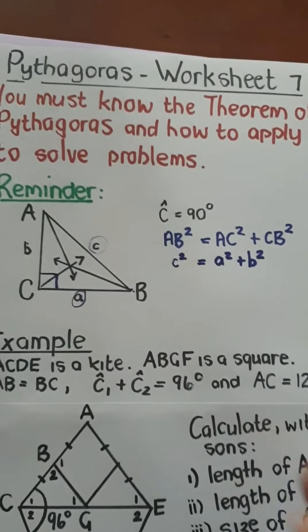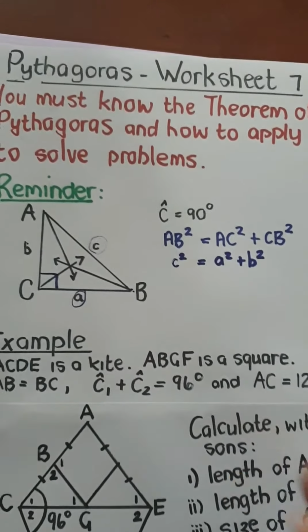Right, so now I can substitute because I know what the length of AC is, that's given, and A is equal to AC, so it's going to be equal to 12 squared plus 12 squared, which is going to be 144 plus 144, and that is going to be equal to 288 centimeters squared.